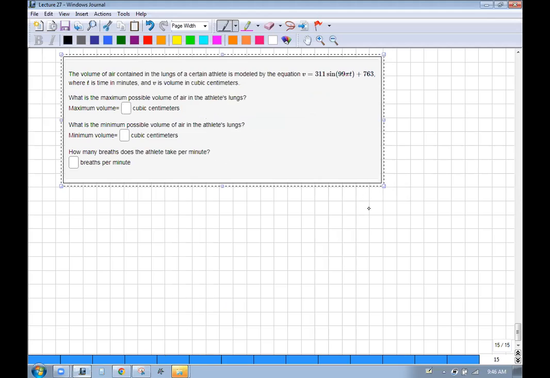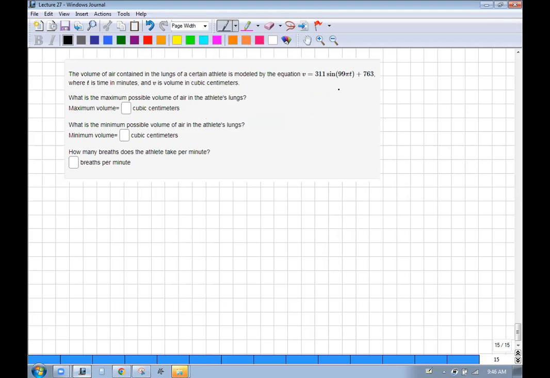The volume of air in the lungs is given by this equation. So V is for volume. T is the time in minutes. All right. What is the maximum possible volume of air in the athlete's lungs? Okay, so sine is always between -1 and 1, right?